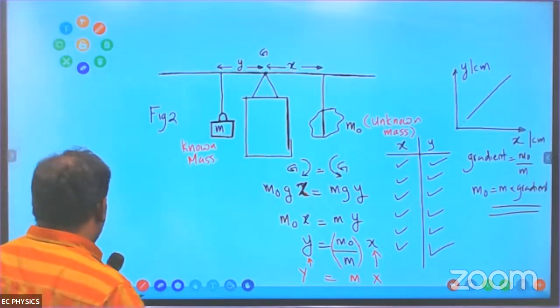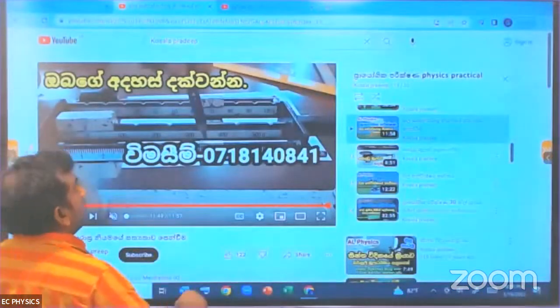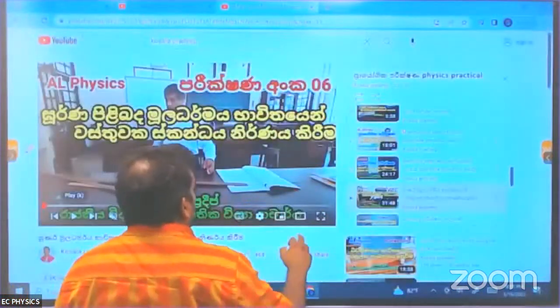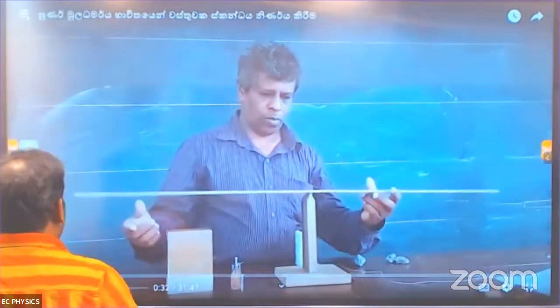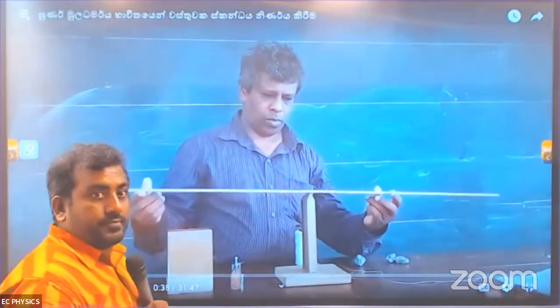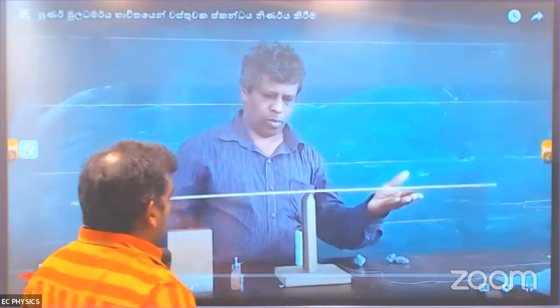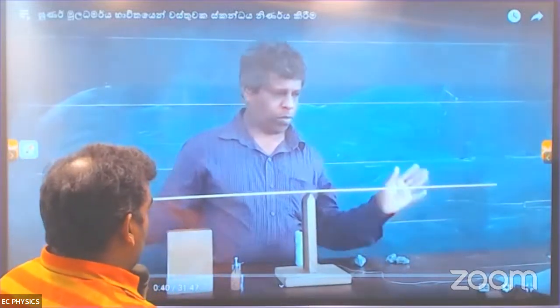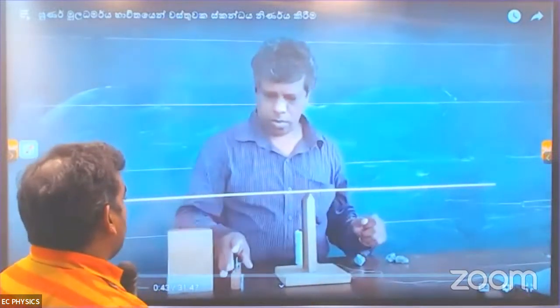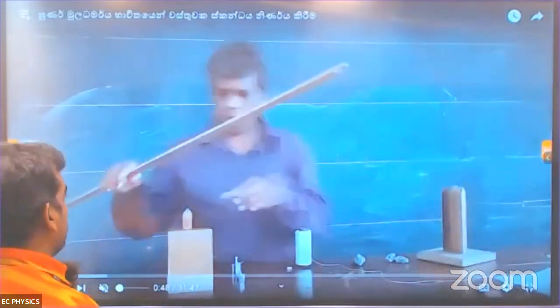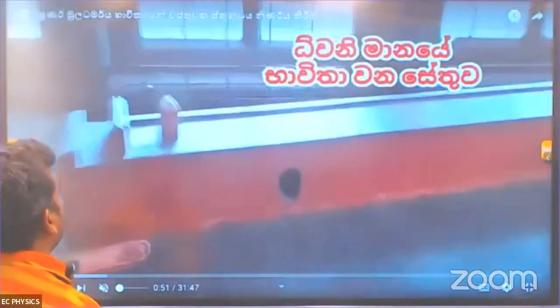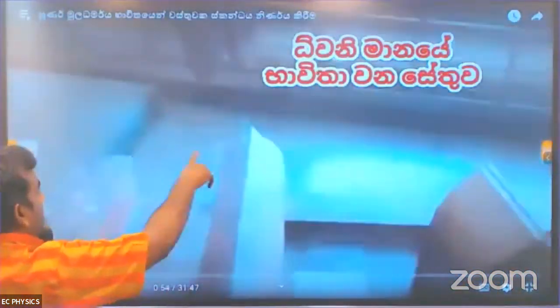So there you go. Horizontally balanced. So these are the knife edges.